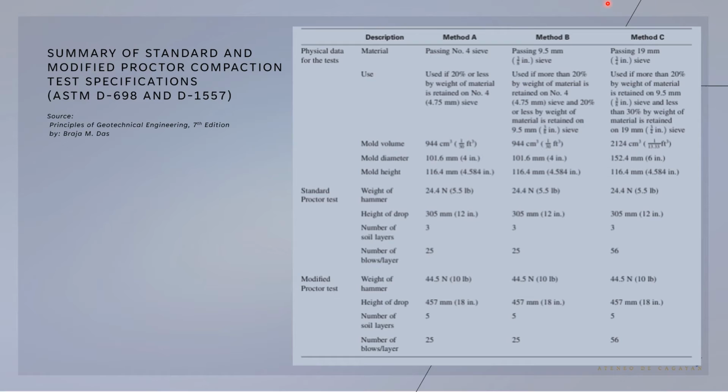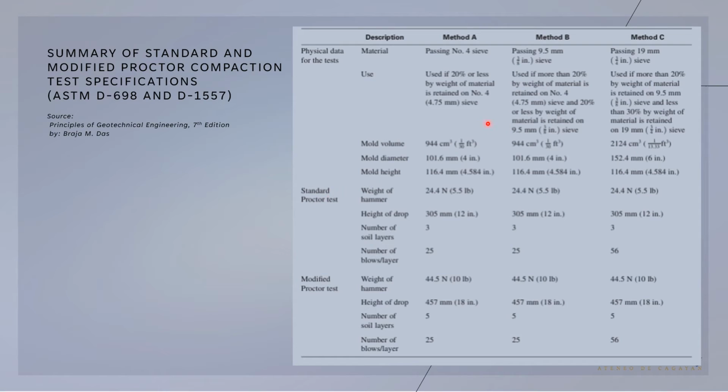Okay, so we have here a table with the summary of the standard and modified Proctor compaction test specifications. We have here the description, method A, method B, and method C. So it depends on what type of soil or the particle size distribution of our soil that we will be conducting our compaction test for.